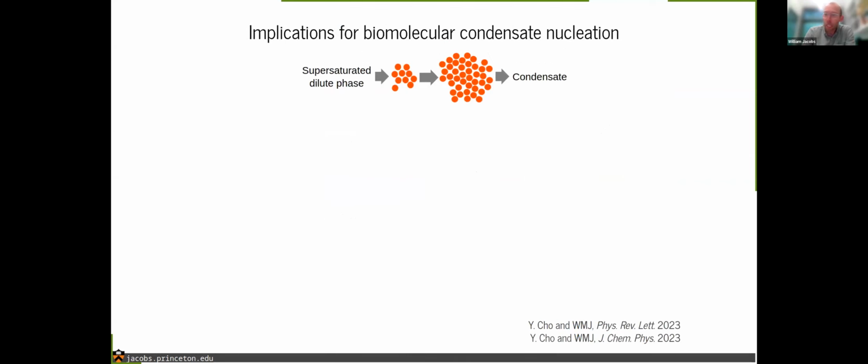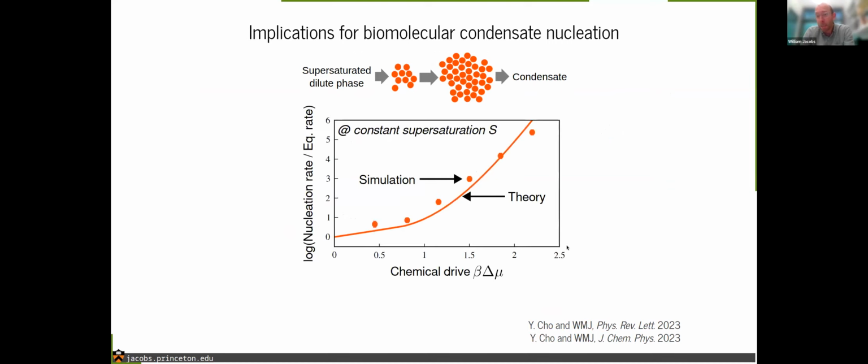And there's no place that's more important than when studying nucleation, because nucleation of droplets is inherently a fluctuation-driven process. And so the ability to tune the interfacial tension gives us an entirely different way of controlling these nucleation rates.